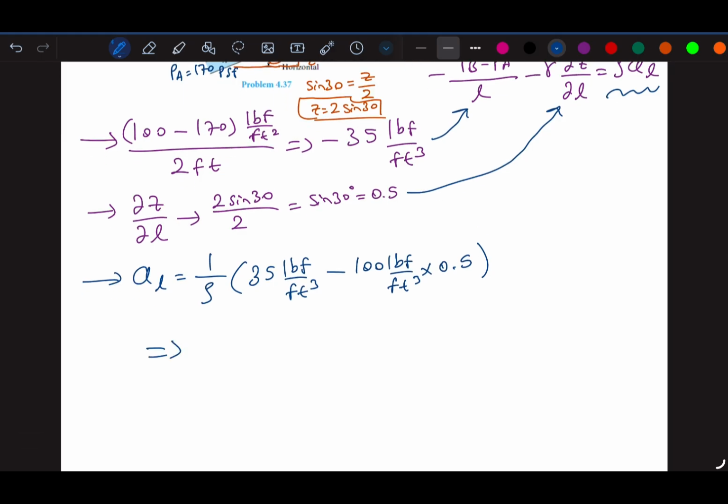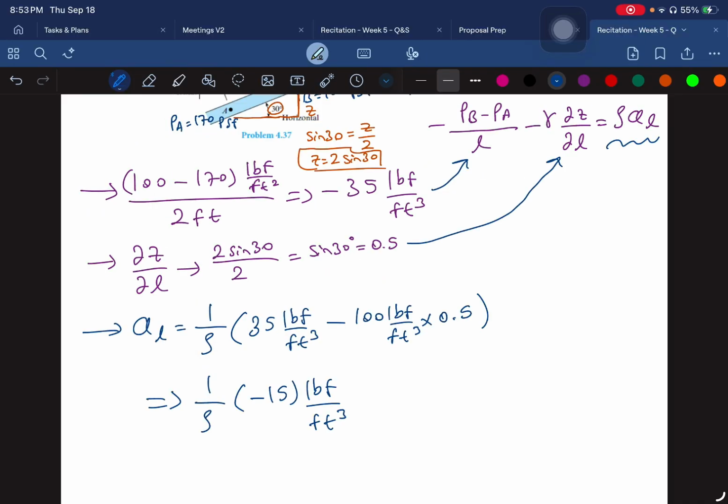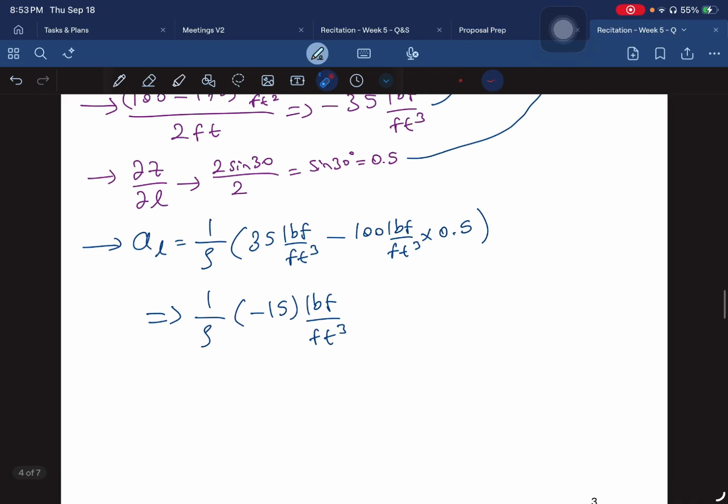And from here we can get 1 over density equal to minus 15 lbf, pound force over cubic feet. So in other words, we have minus 15 pound force over cubic feet and density.